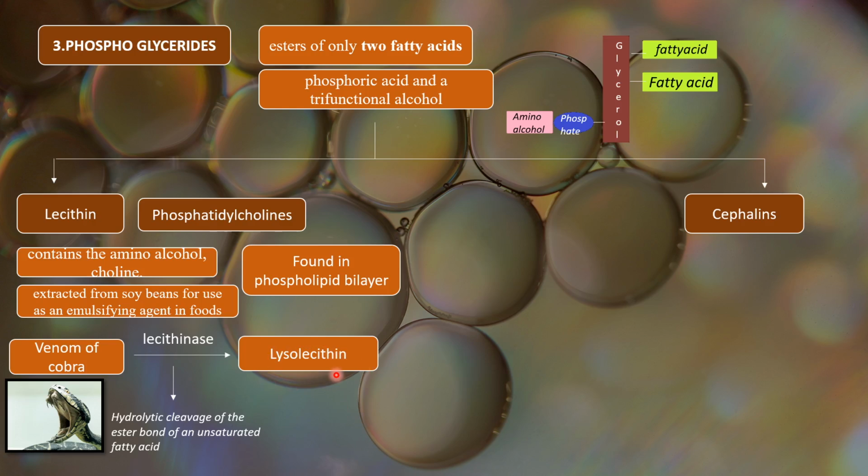This is a compound which destroys RBC, and this is the reason why a cobra bite leads to death of the person. So when the venom of cobra has the enzyme lecithinase, it will break the ester bond of unsaturated fatty acids in the person, leading to the formation of lysolecithin, which can destroy RBC.